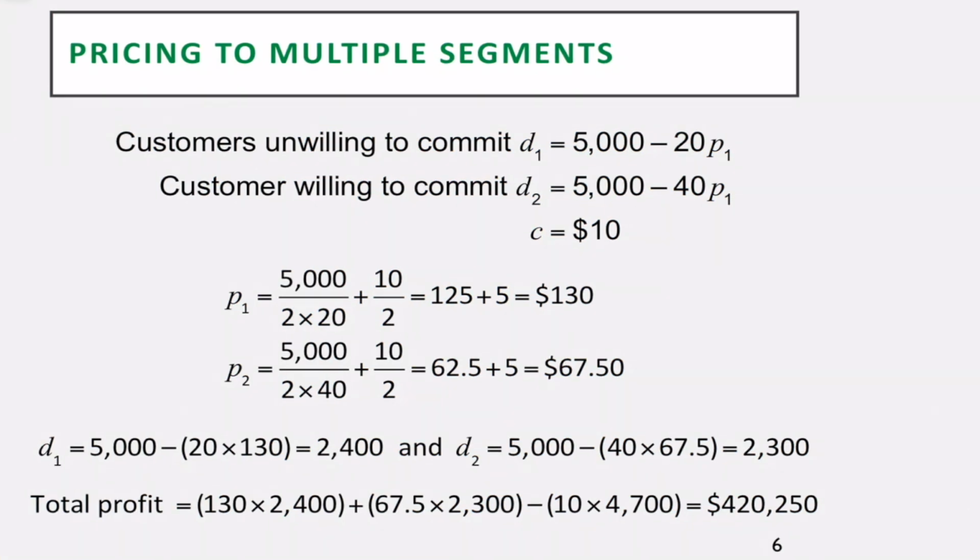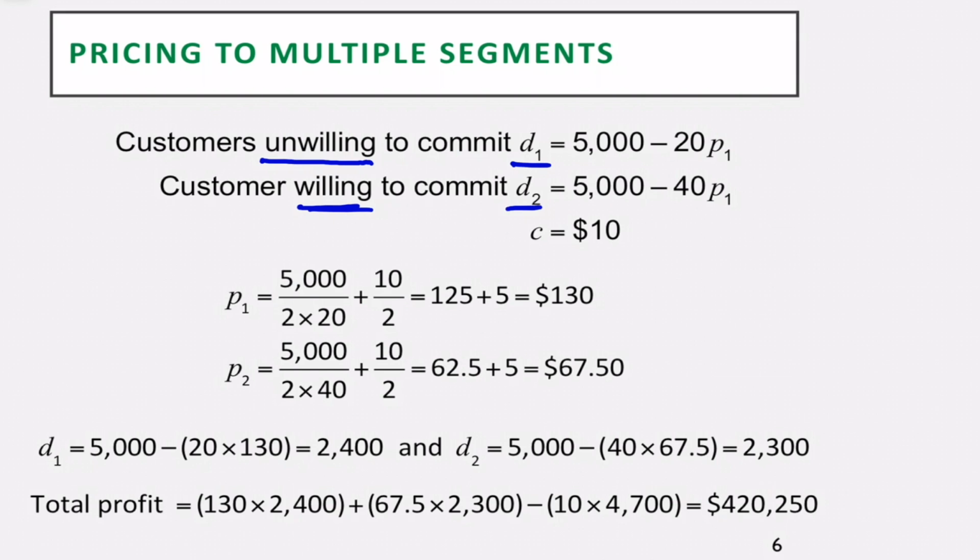Suppose in a business there are two customer segments and the demand is given by D1 and D2. D1 captures customers unwilling to commit, so they may be making a purchase at the last minute, whereas the other segment is where customers are willing to commit, so they are ready to buy in advance.